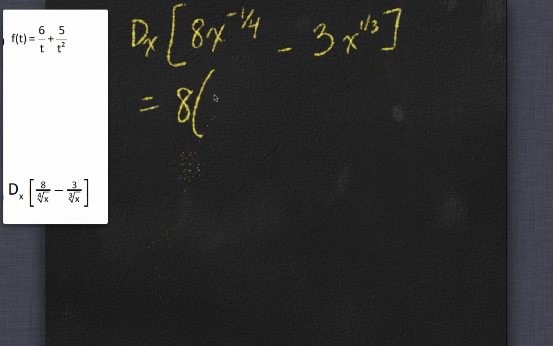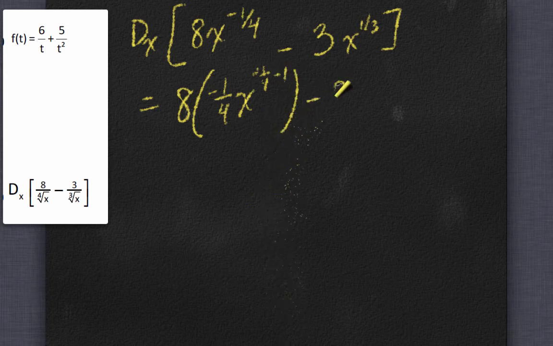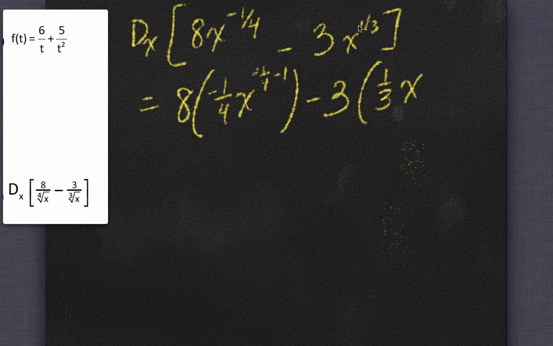So 8 times negative 1/4 x to the negative 1/4 minus 1, minus 3 times 1/3. Sorry, that was negative 1/3. Negative 1/3 x to the minus 1/3 minus 1.